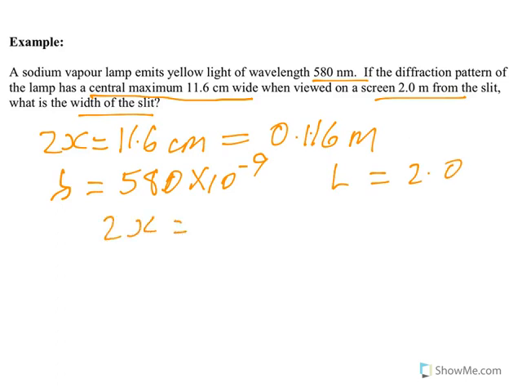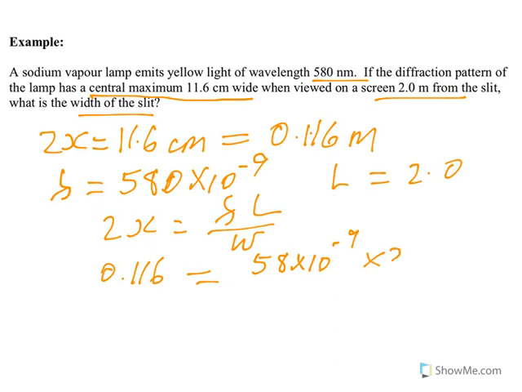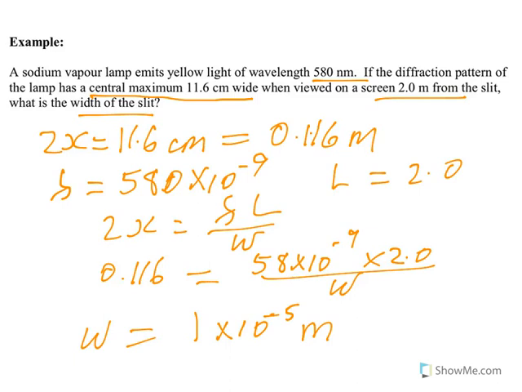So we're using 2x equals lambda L over W. So the 2x is 0.116. Lambda is 580 by 10 to the minus 9, times 2 for that, over the width. And when you rearrange, you find that the width is 1 by 10 to the minus 5 metres. Alright, which is very, very thin.